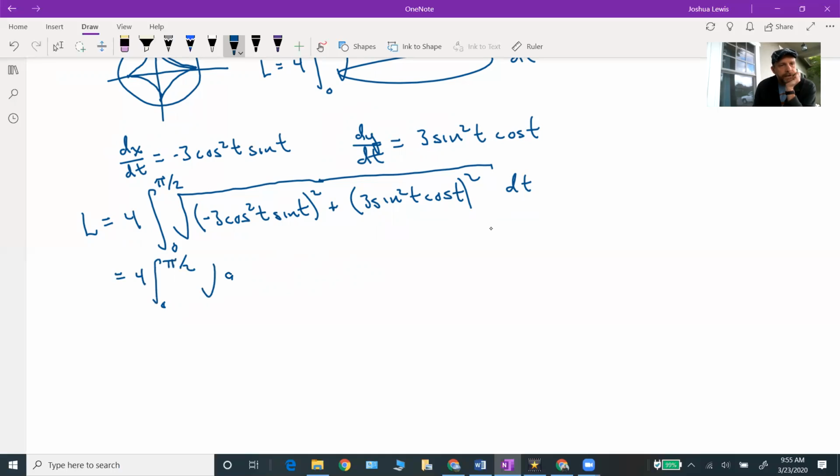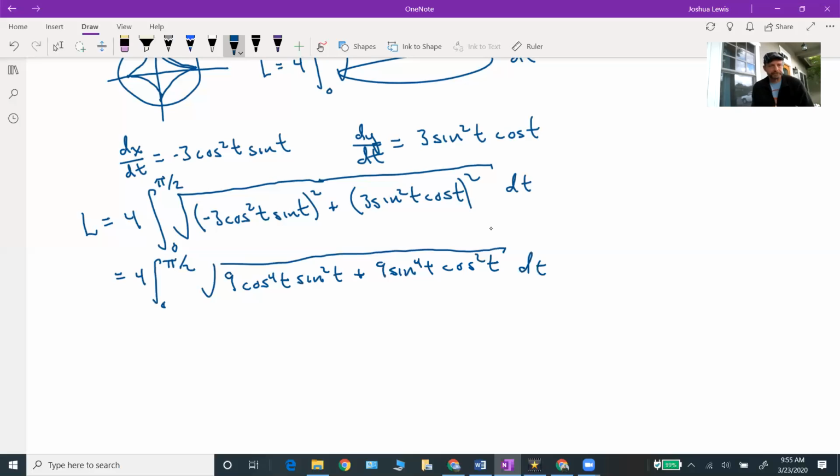We're going to get a 9 cosine 4th t sine squared t plus 9 sine to the 4th t cosine squared t, dt. All right, now let's not get intimidated by this. Let's just see where it takes us.